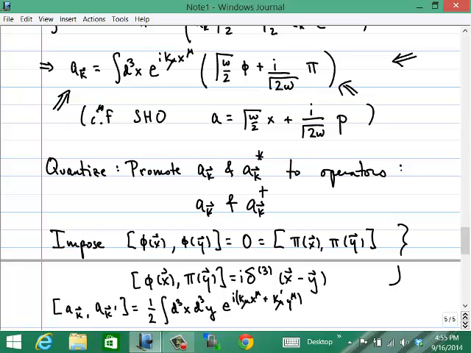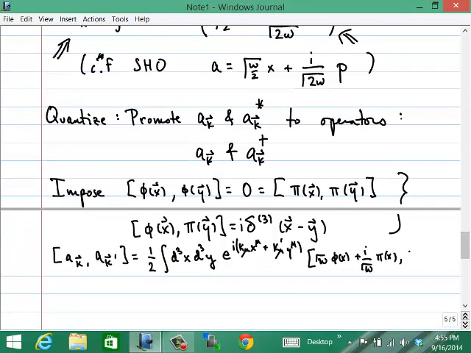And then I get a commutator of root omega phi of x plus i over root omega pi of x, with the same thing at y.